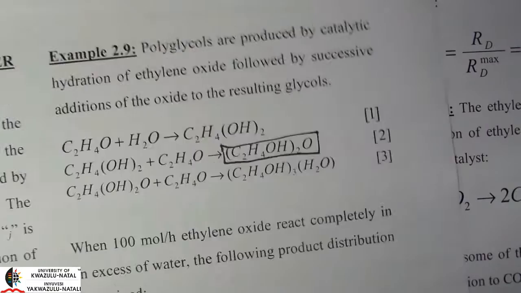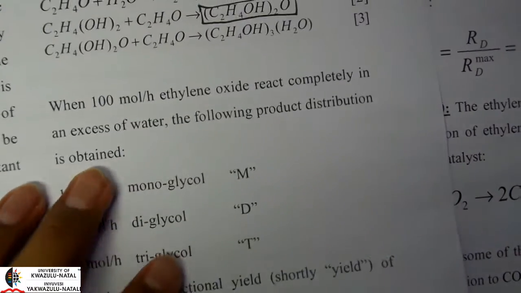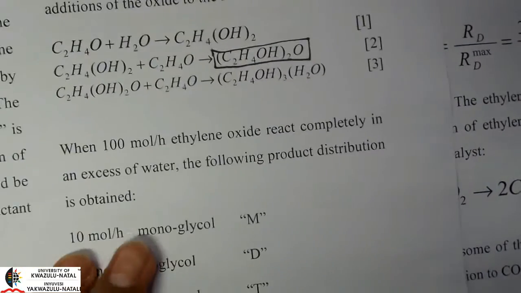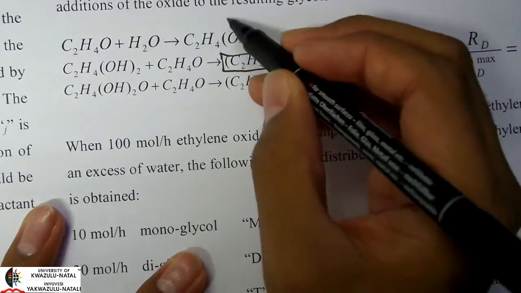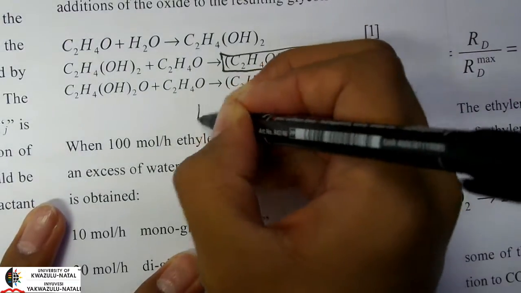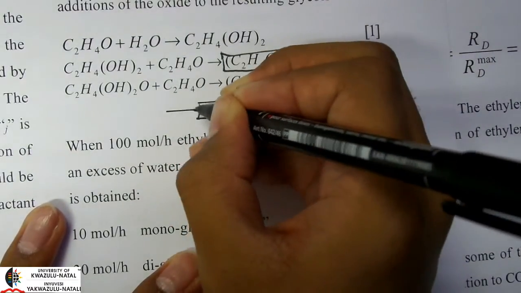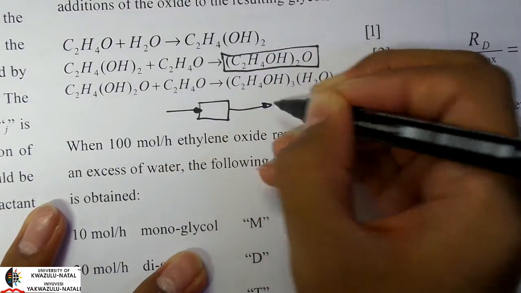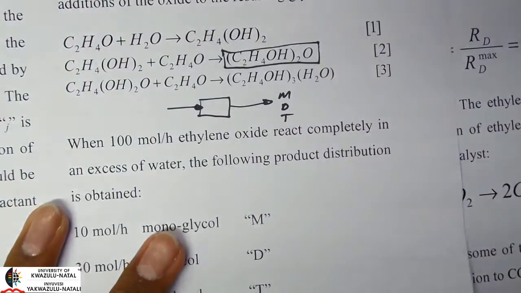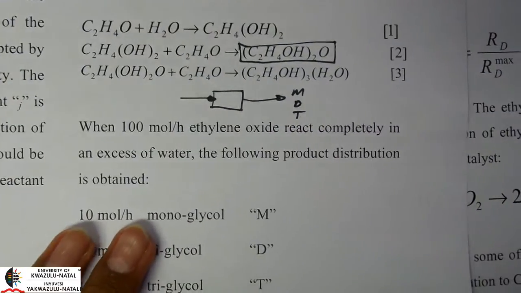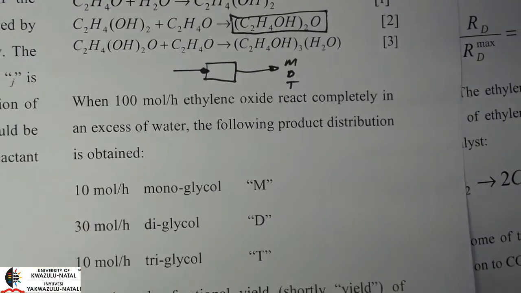Okay, so in other words, we know that in reality we have these 3 reactions occurring, and out of our reactor we have 3 products. But now let's consider the ideal case.